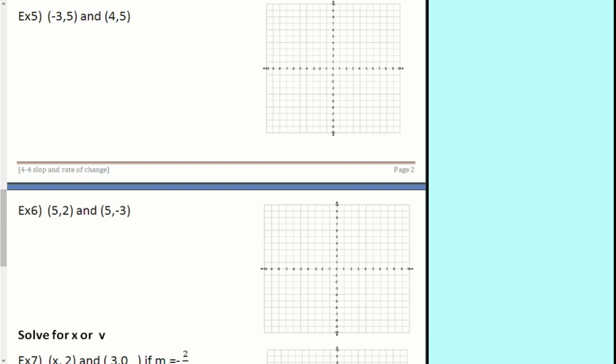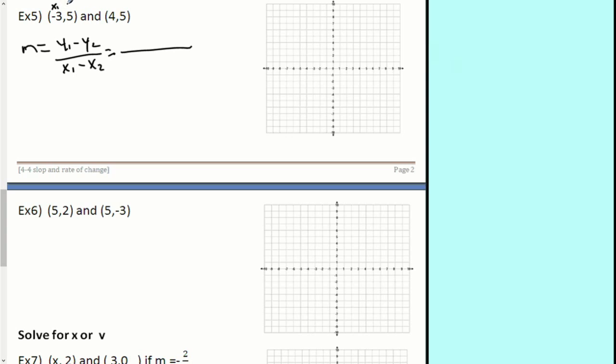Okay, now let's do another example, example 5. And in this problem, I'm actually going to show you something new and different. All right? Let's go ahead and do the slope formula for this, which is m equals y1 minus y2 over x1 minus x2. Fill in the blanks. Remember, label your points.